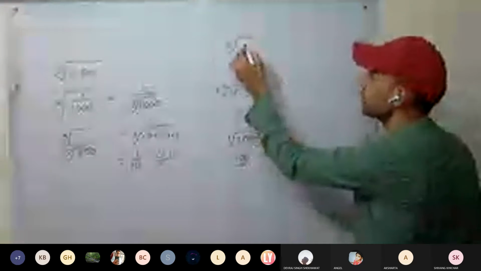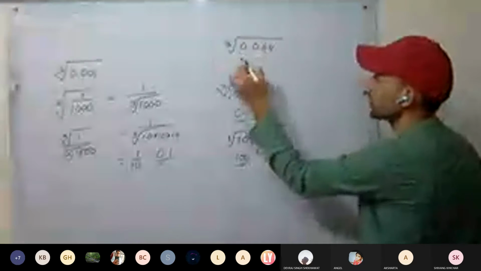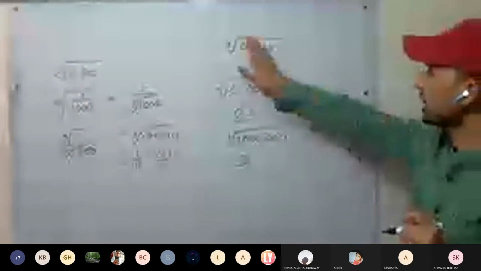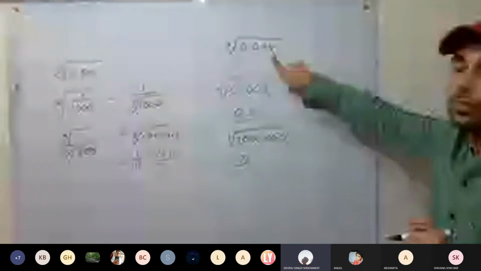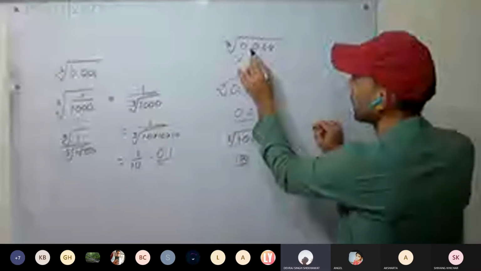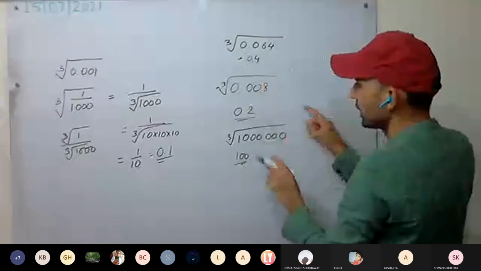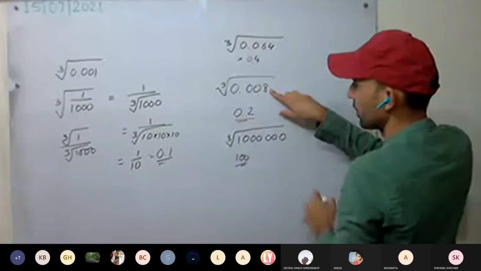Cube root of 0.064. 64 is a perfect cube, so here take the cube root of 64, which is 4. How many decimal places? 1, 2, 3. So here it will be 1 decimal place, 0.4. Similarly, cube root of 8 is 2. How many decimal places? 1, 2, 3. So it will be 1.